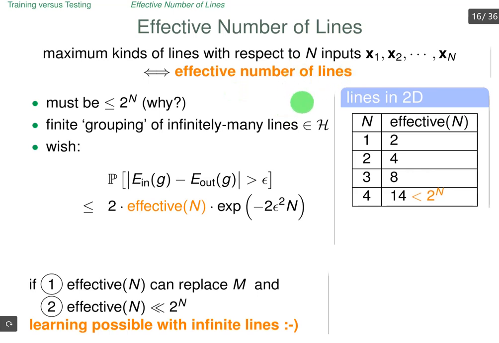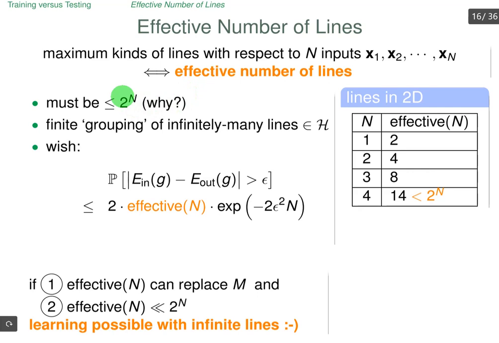We're just bringing down the infinite, or possibly infinite, number of hypotheses to only the effective number of hypotheses from the eye of the n inputs. So in maximum cases, we should have 2 to the n effective number of hypotheses, as we have seen in the previous examples.